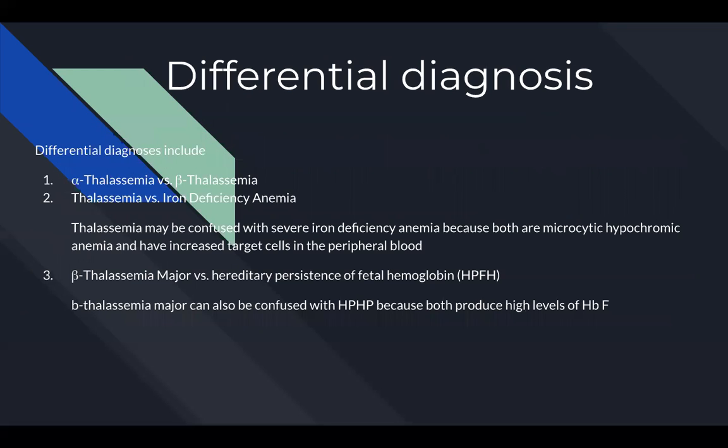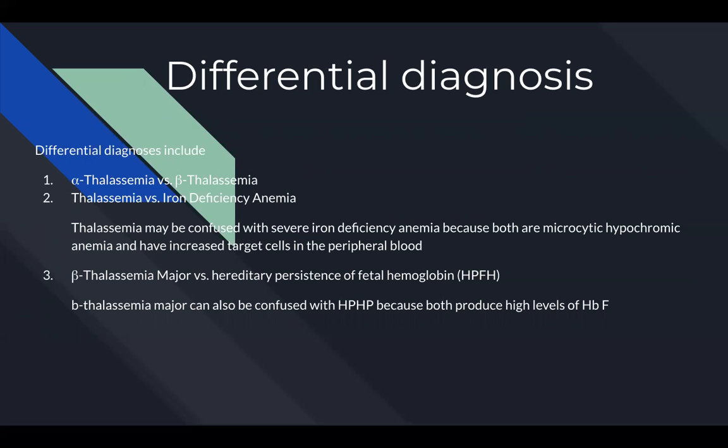Differential diagnosis for thalassemia. We have alpha thalassemia versus beta thalassemia. We also have thalassemia versus iron deficiency anemia. This is because thalassemia is similar in some ways to iron deficiency anemia, because both of them are microcytic hypochromic anemias and they have increased target cells in the peripheral blood.